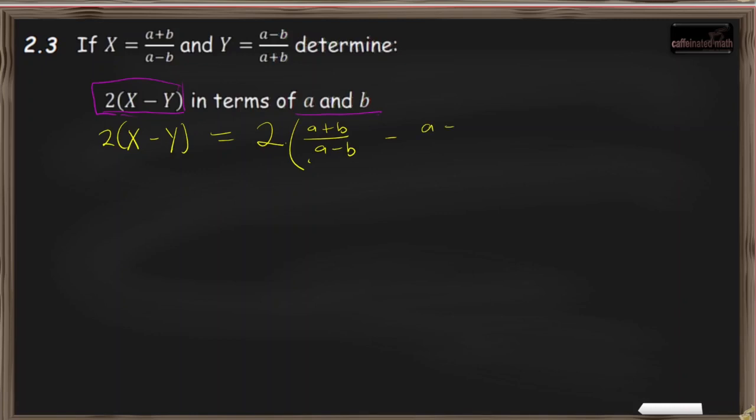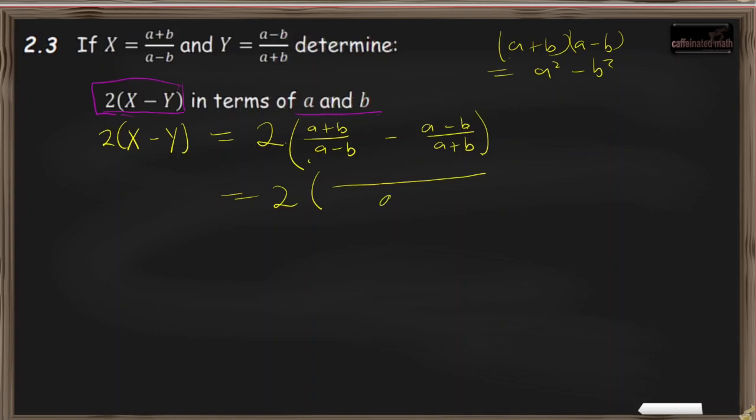Our y value is a minus b over a plus b. So we have fractions inside those brackets to simplify. Well, a plus b multiplied by a minus b, if we use our brackets, that's just going to be a squared minus b squared. So that's that.